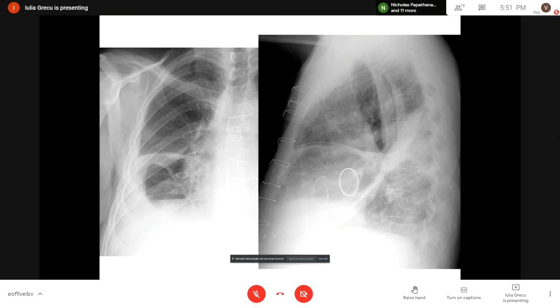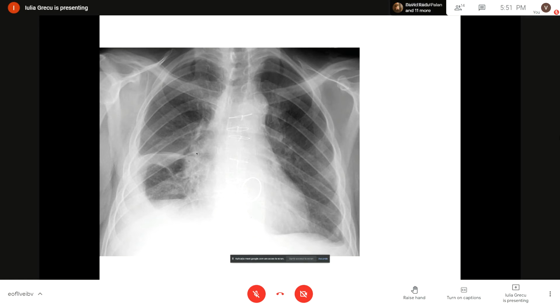So you see an enlarged heart with multiple metallic sutures on the sternum. You see prosthetic valves over the opacity of the heart, and you have this kind of opacities in the costodiaphragmatic angles, which are highly suggestive of a pleural effusion.